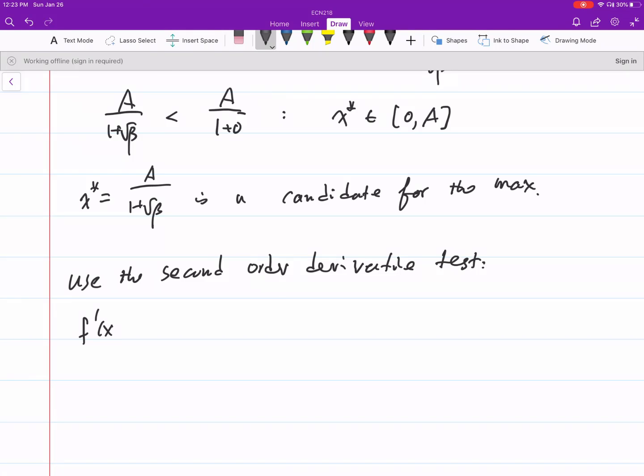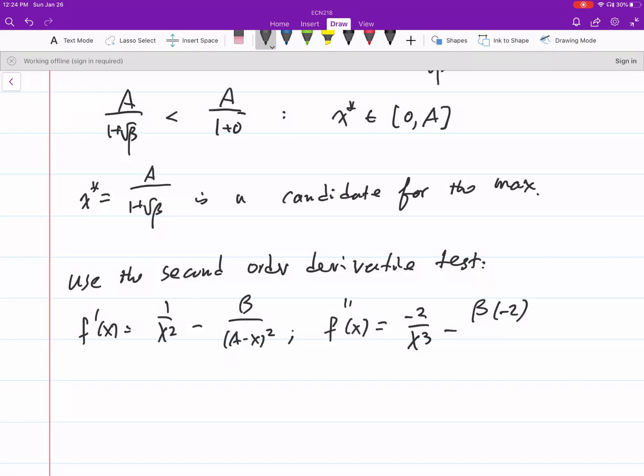F prime of x is 1 over x squared minus beta over a minus x squared. So if you take one more derivative, then this is going to be x to the negative 2, so you have negative 2 over x cubed. And here, just remember the chain rule. Then this is also going to be negative 2 and a minus x to the negative 3, and then we have negative 1.